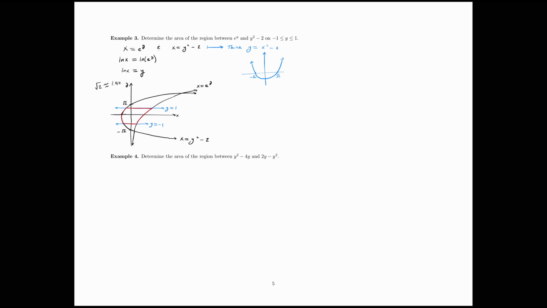Okay, so we need to identify the left and the right boundary of this region. So here, the left boundary is this curve, which is the parabola. So this is x equals y squared minus 2.